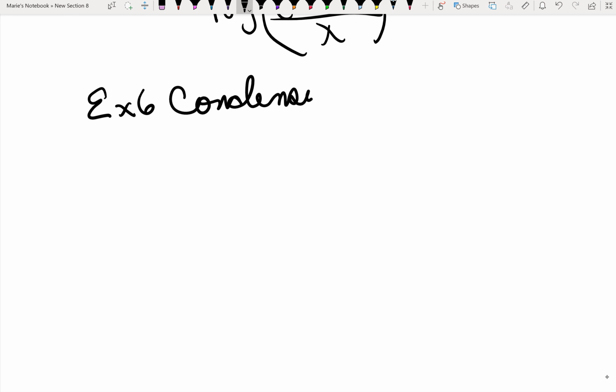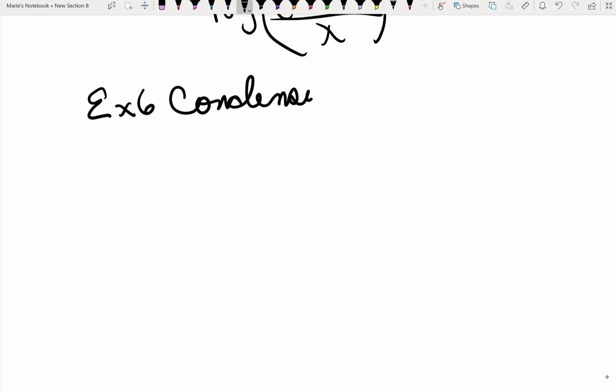And so if I'm doing that, it says basically write as a single logarithmic expression. And in this case, they're going to give you 3 examples to try.